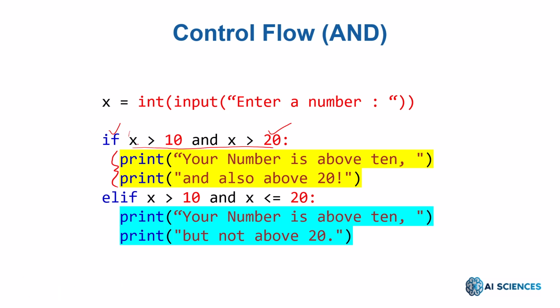So we should not be writing this condition, because this is not playing a role at all. If x is larger than 20, then it is larger than 10 either way. So if x is larger than 10 and less than 20, then your number is above 10, but not 20.